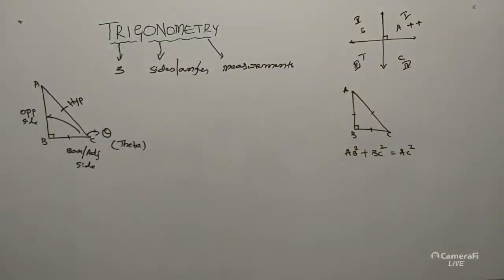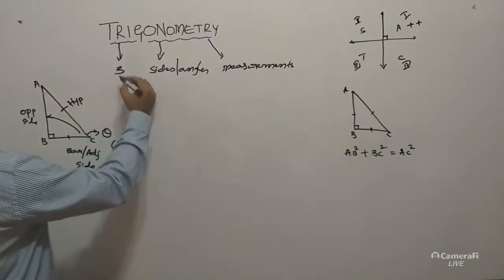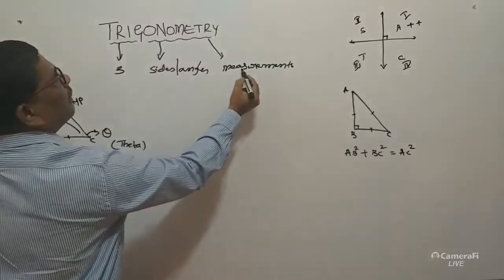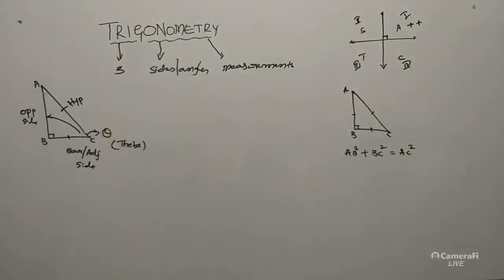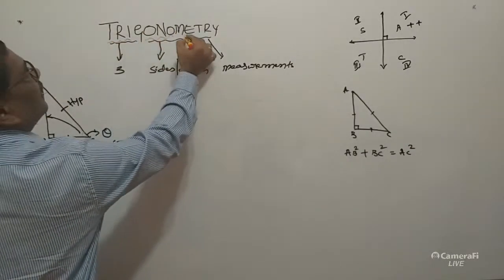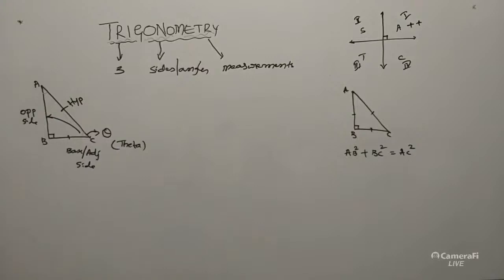That's the definition: the measurement of the three sides and angles is called trigonometry, and the angle which is denoted here is theta. Basically, trigonometry is derived from a Greek word. The first who introduced the trigonometry part was called Hippocrates.